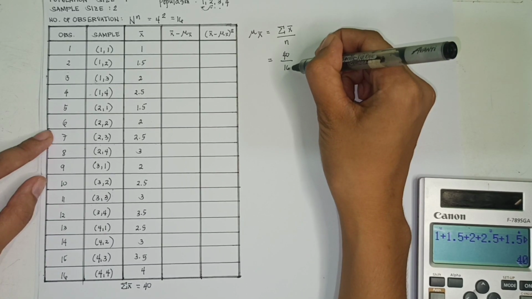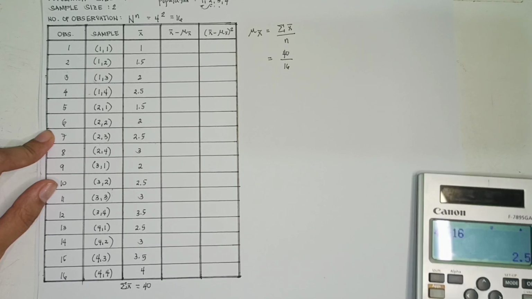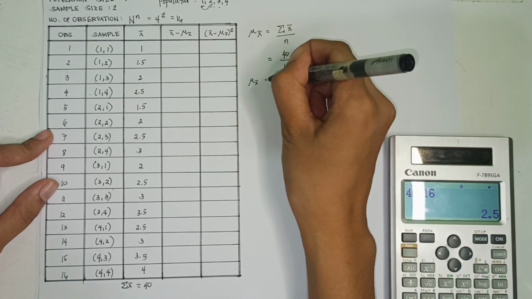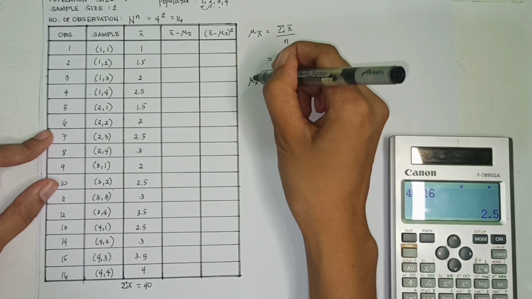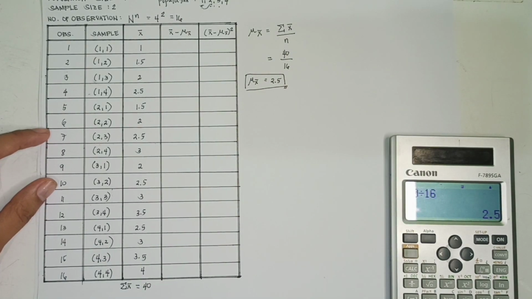Okay, so 40 over 16. So 40 divided by 16, and that is equal to 2.5. So mu sub x bar natin is equal to 2.5. Or the means of a sampling distribution of means is equal to 2.5.